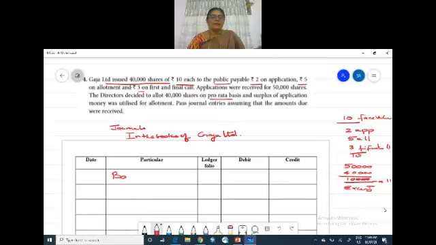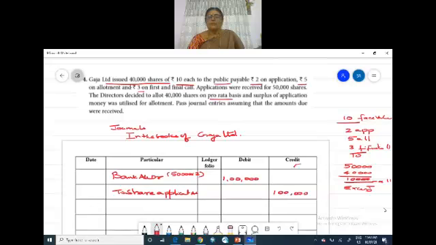Bank account debit to share application. So towards application, how much did you get? 50,000 you got. And what is the amount you got? 2 rupees you got. So totally you got 1 lakh.